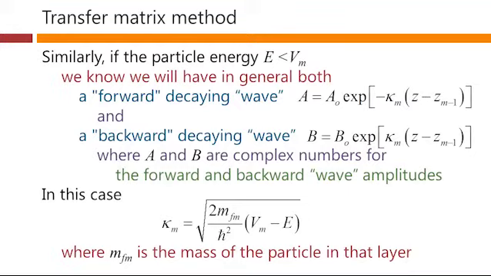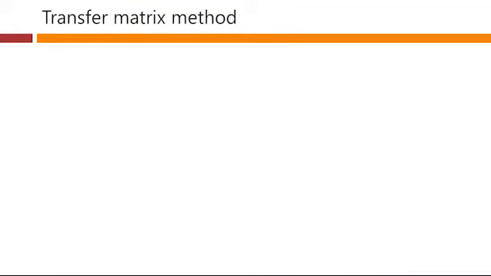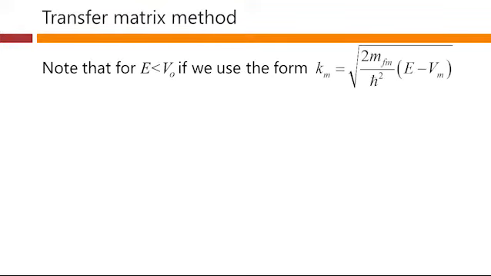Now, this is a perfectly good way to do the algebra, but it turns out to be simpler if we do something slightly different. For the case of E less than V0, so that's where we don't have propagating waves, we could still mathematically use this same formula.